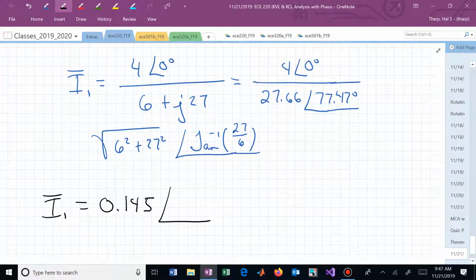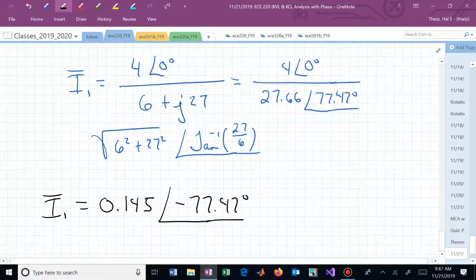We're taking the angles upstairs and subtracting the angles downstairs, because those are really just complex exponentials, e to the j0 over e to the j77. And we can combine those exponentially so that now we have minus 77.47 degrees.